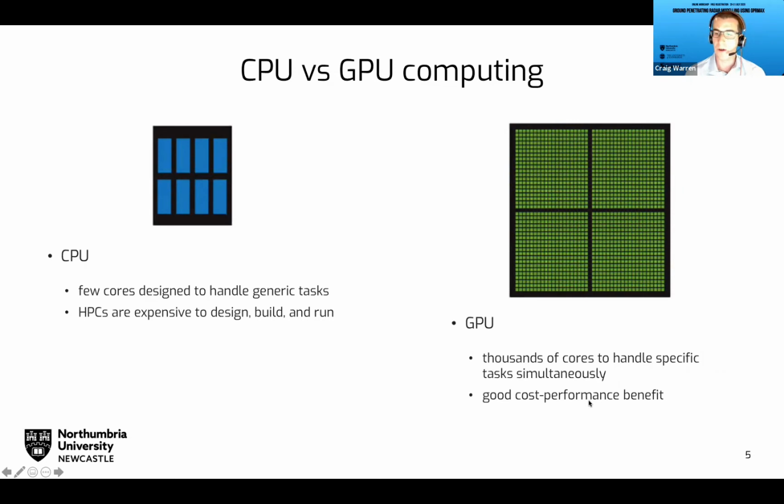And when you look at the cost performance benefit that you get from a GPU for these types of models, as we'll see in the next few slides, it really is a very beneficial route to follow.